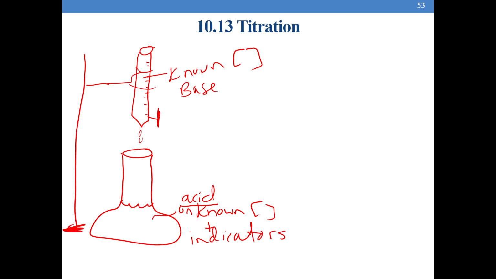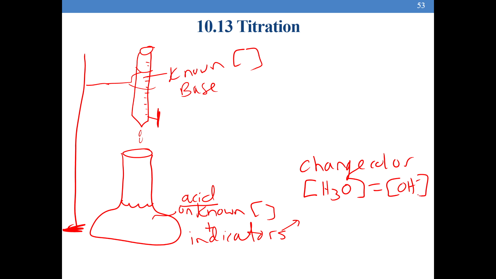What the indicator does, okay, is it will change color when the concentration of acid, once you've added enough base, equals the concentration of base, okay? At that point, that is called the equivalence point. Okay, equivalence point.